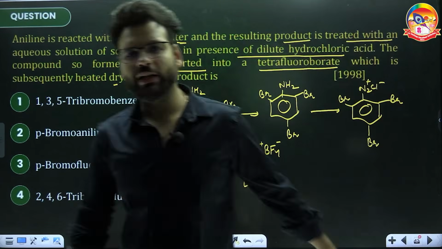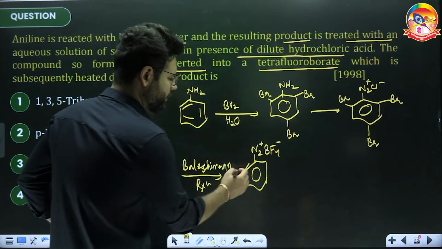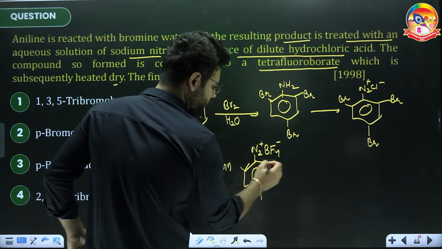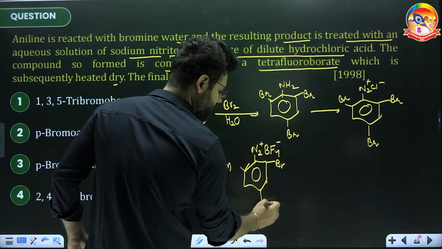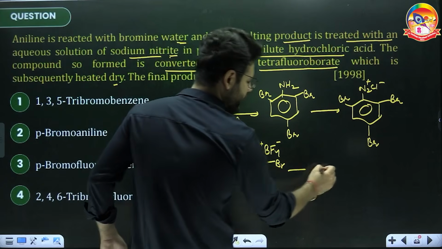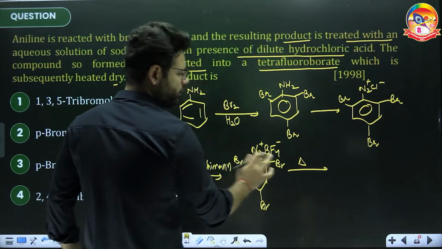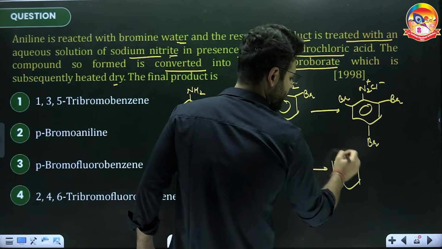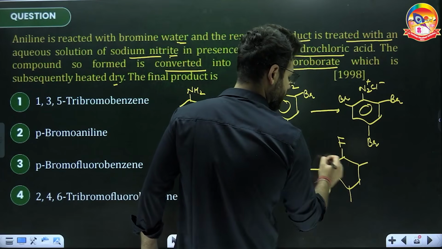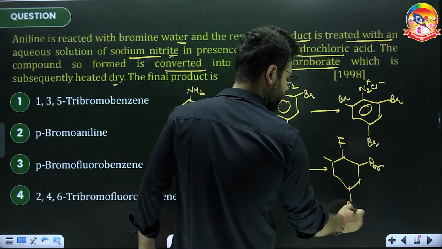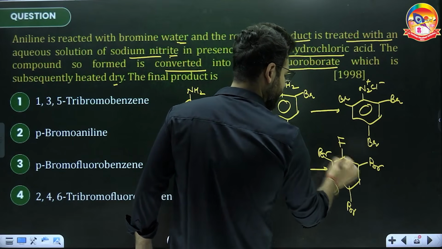Other diazoniums are not stable, but this tetrafluoroborate diazonium is a highly stable diazonium. When you heat it, finally, this whole group is substituted by a fluoride. So we get Br here, Br here, Br here, and a fluorine here.